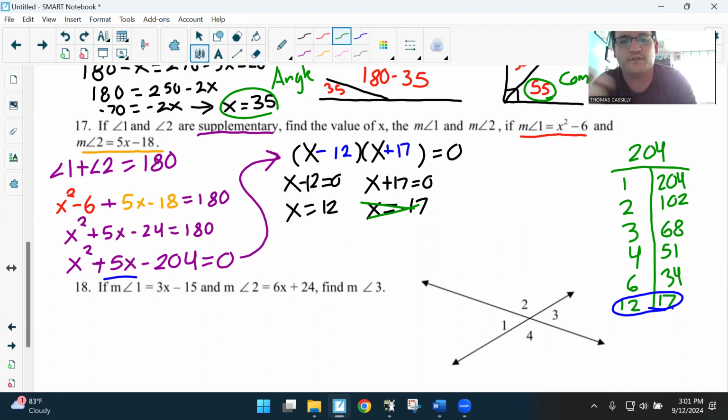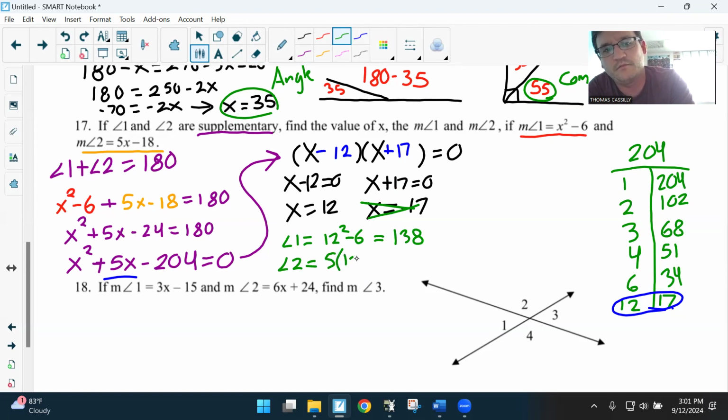But we should still check the 12. It doesn't automatically mean the 12 is the correct one. So I'm going to say angle 1 equals 12 squared minus 6, and that gives us 138. We could say angle 2 is equal to 5 times 12 minus 18. 5 times 12 is 60, that's 42.